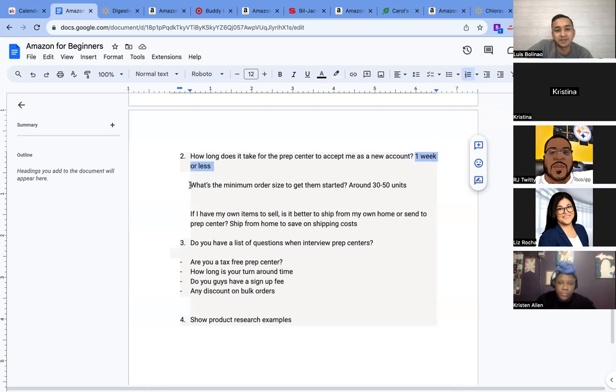So I want to say around 30 to 50 pieces or units. And that's because these prep centers usually receive your products, and then they put your products in one big box. They pack and prep it and they ship it. So this one big box is usually around 30 to 50 pieces of inventory.